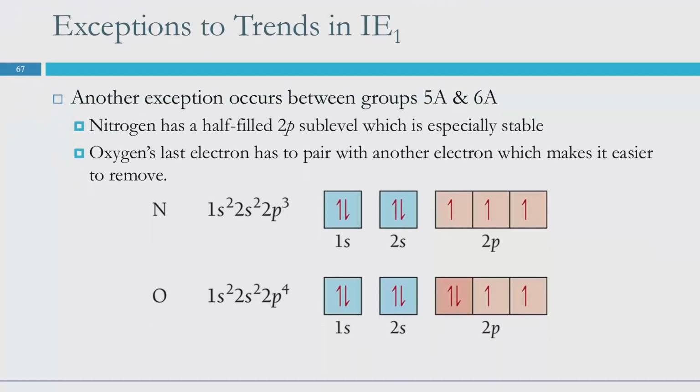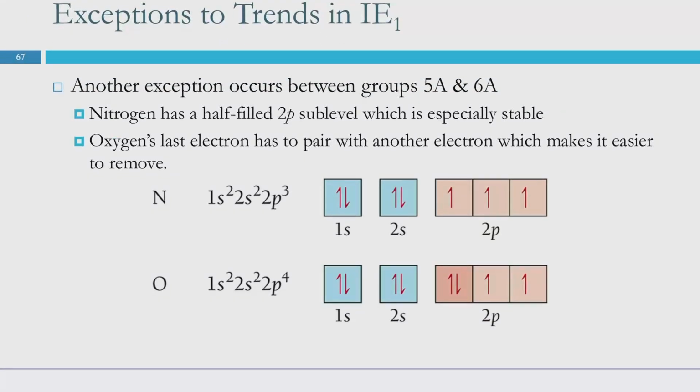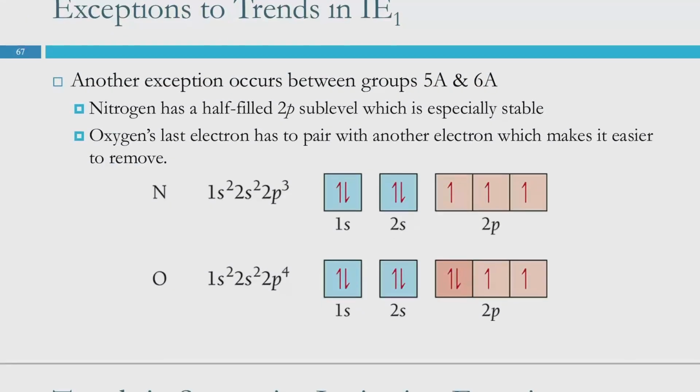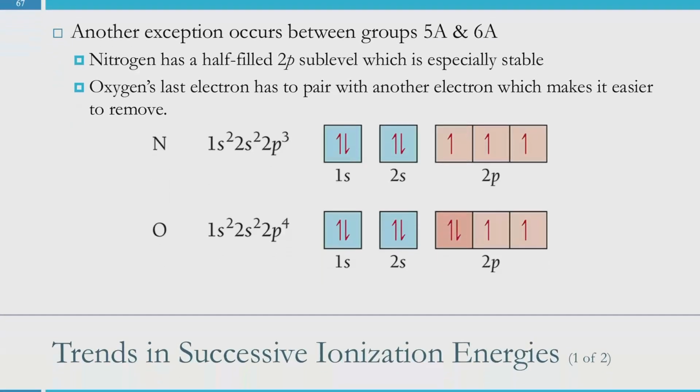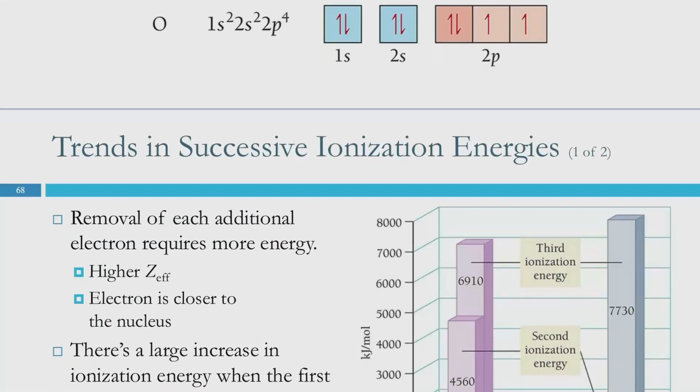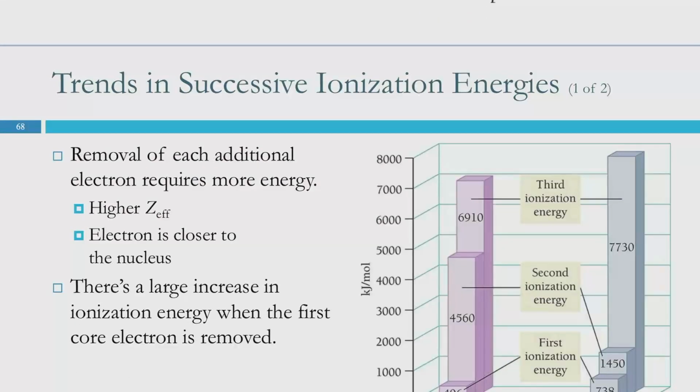So a 2p electron is easier to remove. It's higher energy. Another exception is that nitrogen has a half-filled shell. Half-filled shells are going to be especially stable. Oxygen has a singly paired electron, so that's going to be a little bit easier to remove than we would expect. I wouldn't worry too much about those.